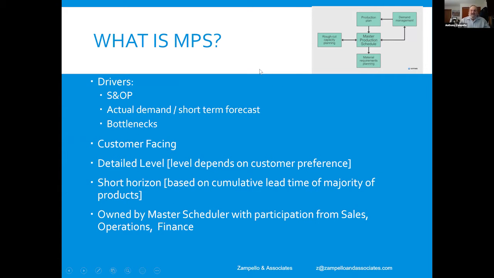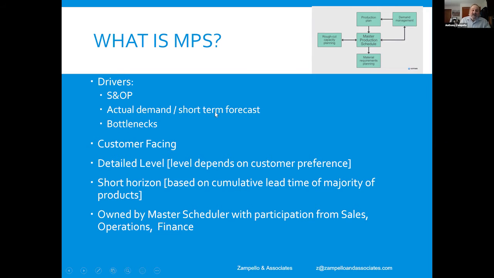So let's move on to the master schedule. The drivers there, the first one is S&OP, because coming out of S&OP, we have that production plan, and it's pretty small up here, but that production plan comes down to master scheduling. When master schedule month 3 is pulled in because a month has just ended, the overall parameters for that month come from the S&OP process.